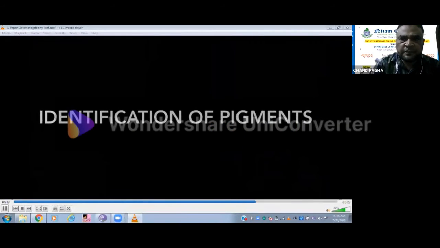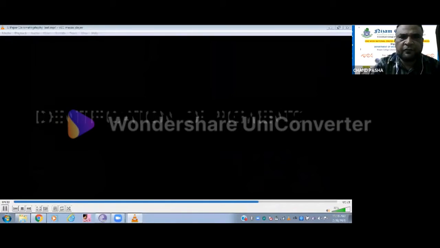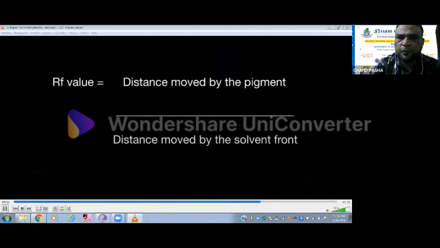Identification of pigments with RF value: distance moved by the pigment over distance moved by the solvent front. The solvent front is the one which we calculate immediately after the completion of the paper chromatography. So we'll see this particular example.